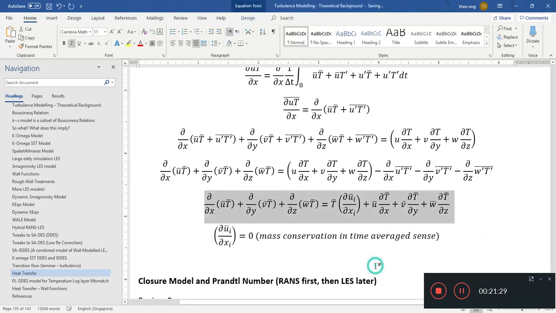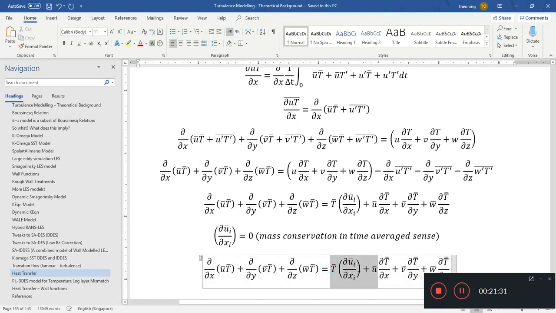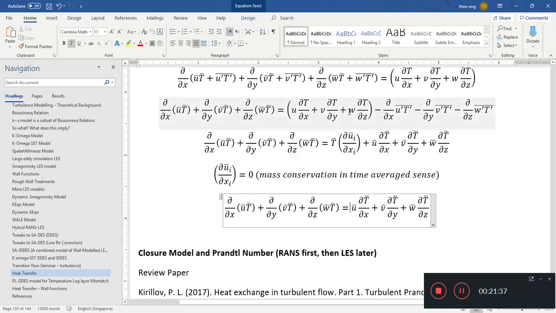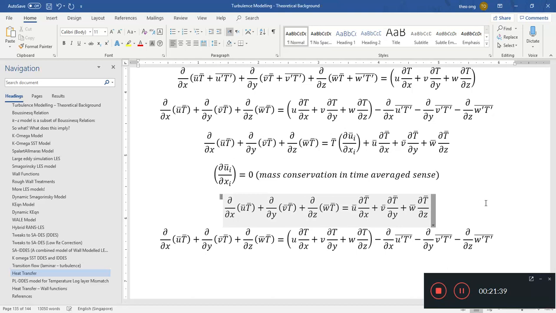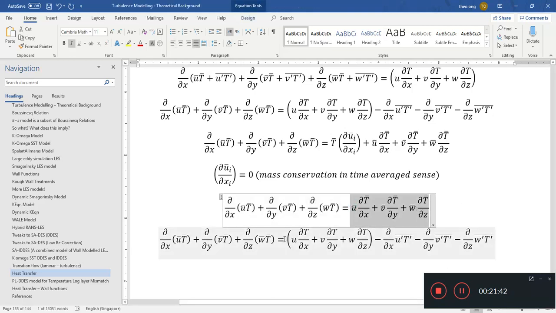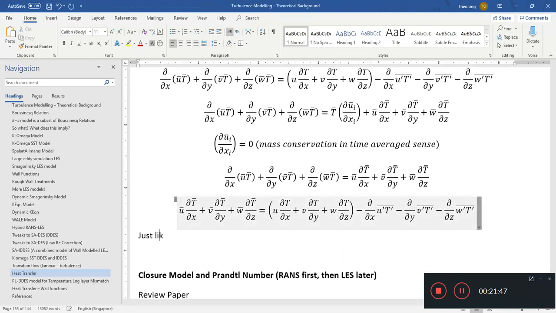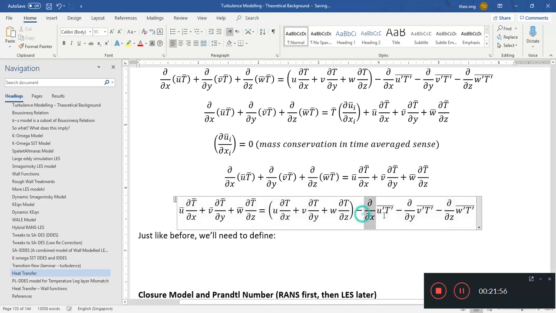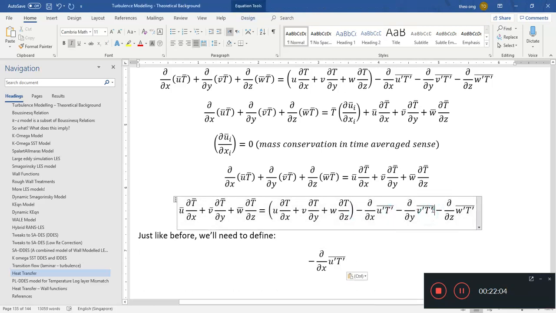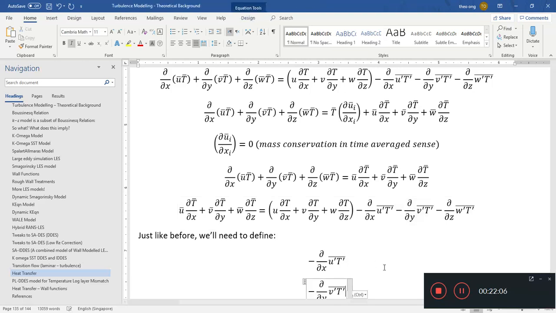So I can just simplify the right hand side like so for the incompressible equation, and that's where we get our closure problem. Just like before, we'll need to define the following: 1, 2, and 3.